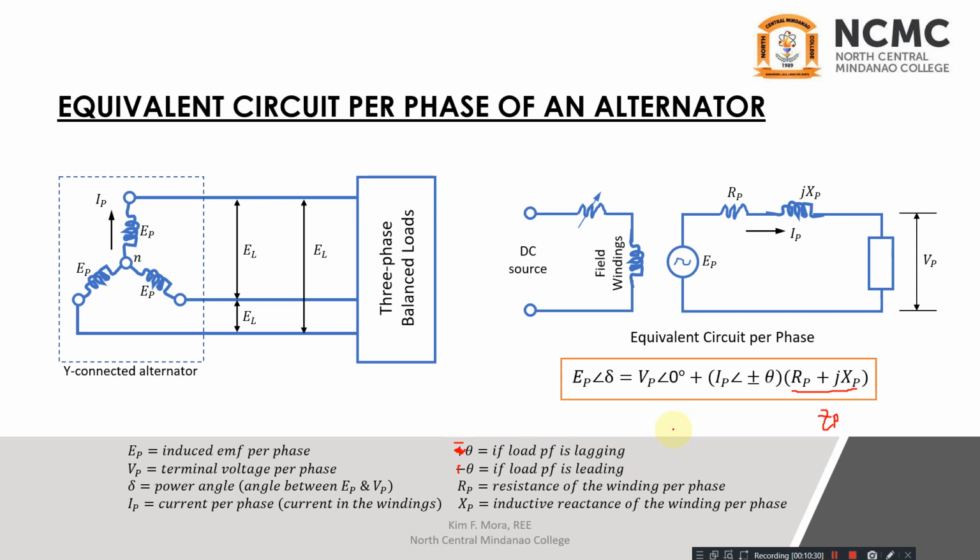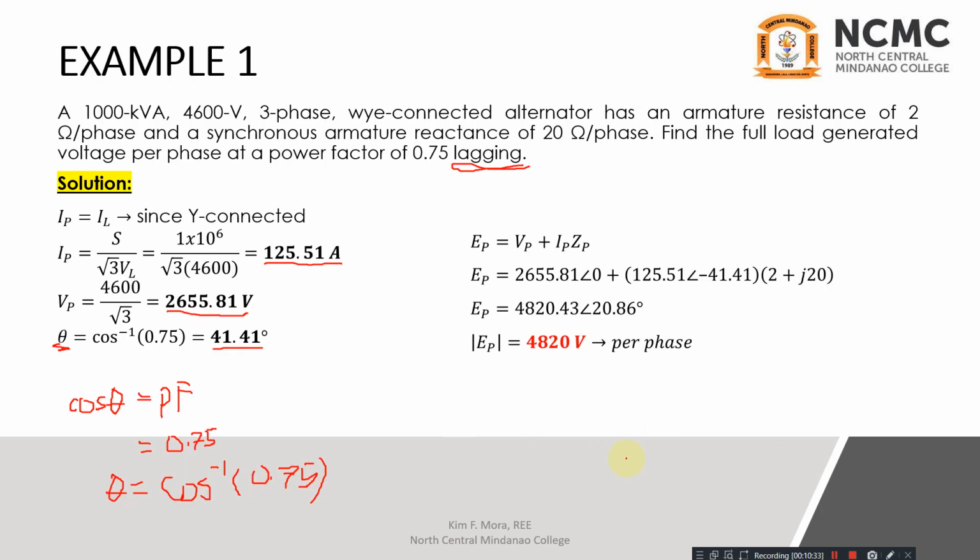Okay. So why negative 41.41? Because the given power factor is lagging. So 125.51 angle negative 41.41 multiplied by our ZP. ZP is actually equal to R plus jX.